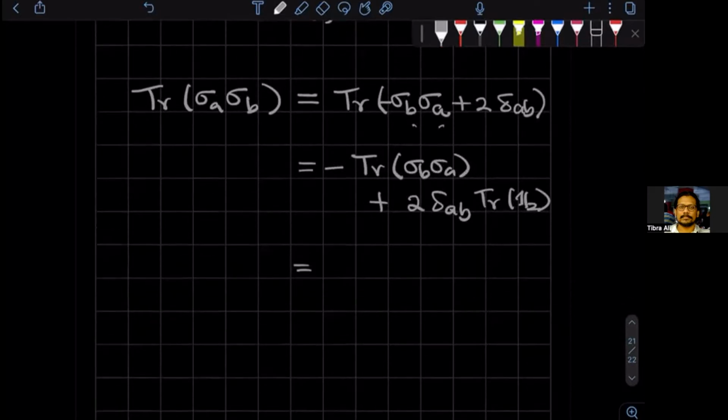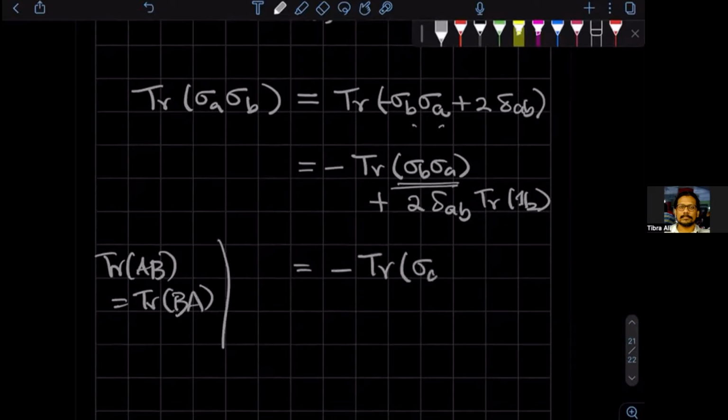But using the fact that the trace is cyclic, so trace of AB is equal to trace of BA, we can write the first term as trace of σ_Aσ_B, and the second term 2 times δ_AB times 2.